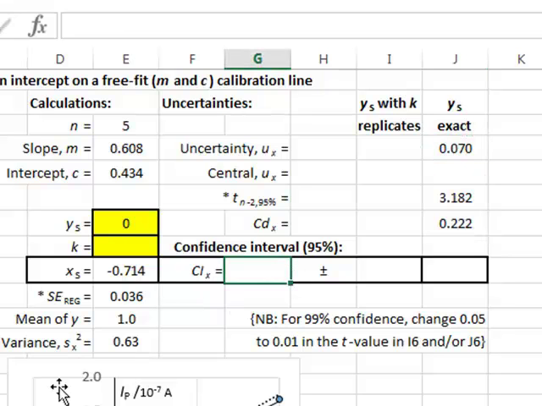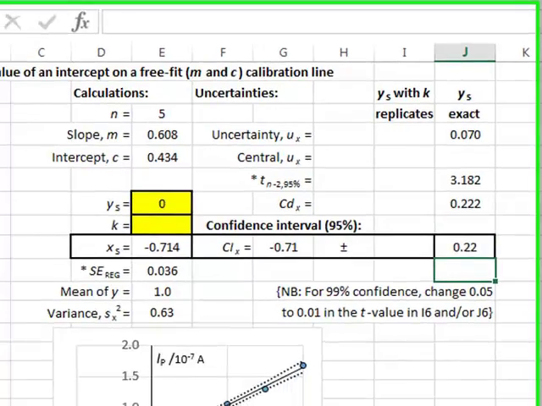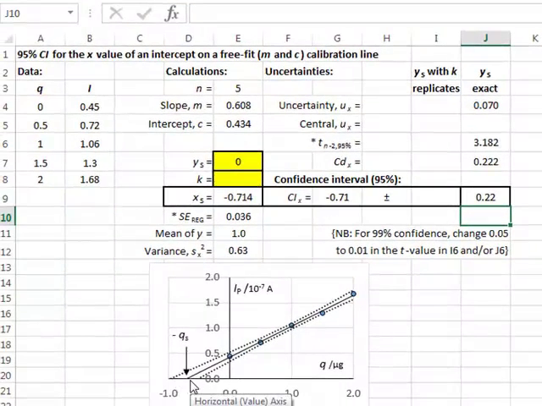And so now we can say that the confidence interval is equal to the best fit value of this intercept, which is minus 0.71, with a confidence deviation on each side equal to this confidence deviation here, giving us a confidence interval for the original amount of lead of 0.71 plus or minus 0.22.